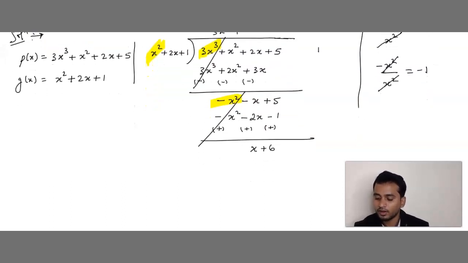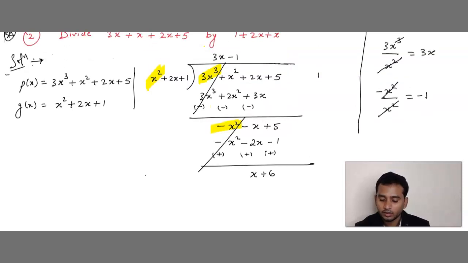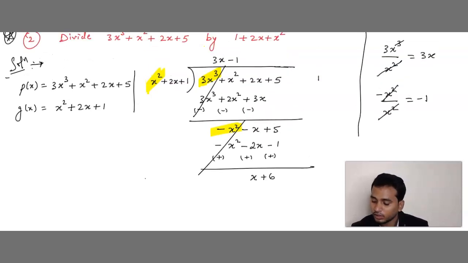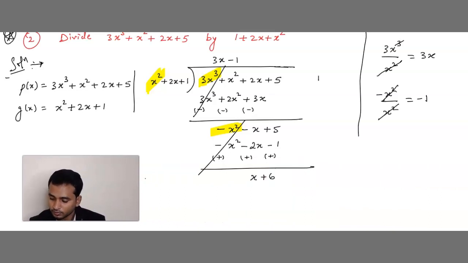Now after this what we have to do? Very simple. What we should do, children? See, again, what is the first term here? x. So input is x. What is output? x square. Will it get cancelled?